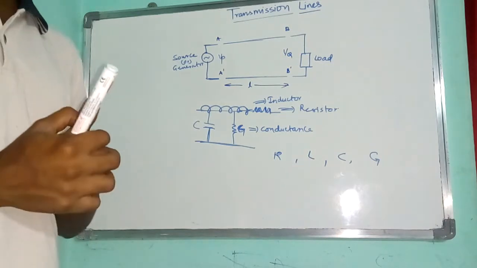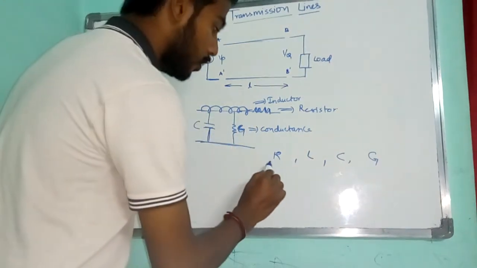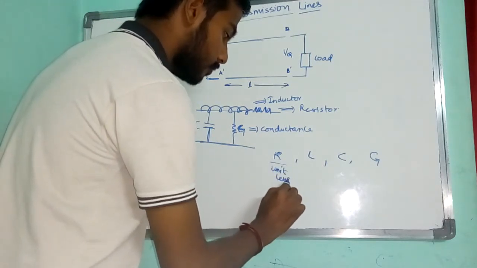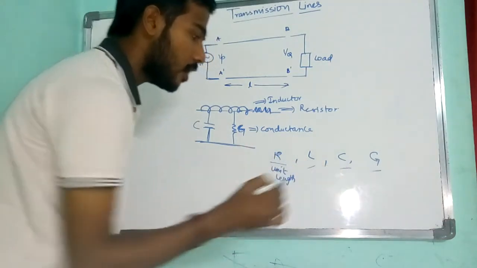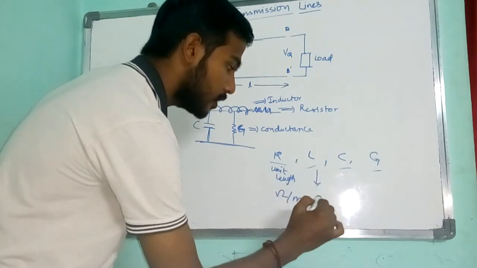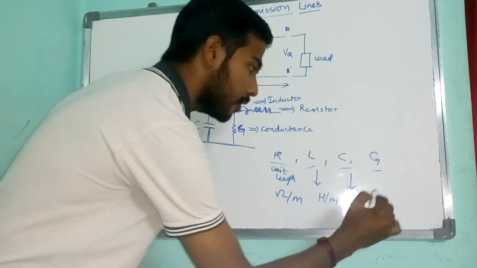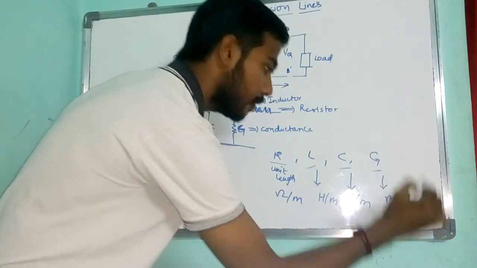Here these four parameters or these four elements are called passive elements, and they are said to be the primary constants. Okay, and here these all are defined for unit length. That means this is ohm per meter, this is Henry per meter, this is farad per meter, this is mho per meter or siemens per meter.